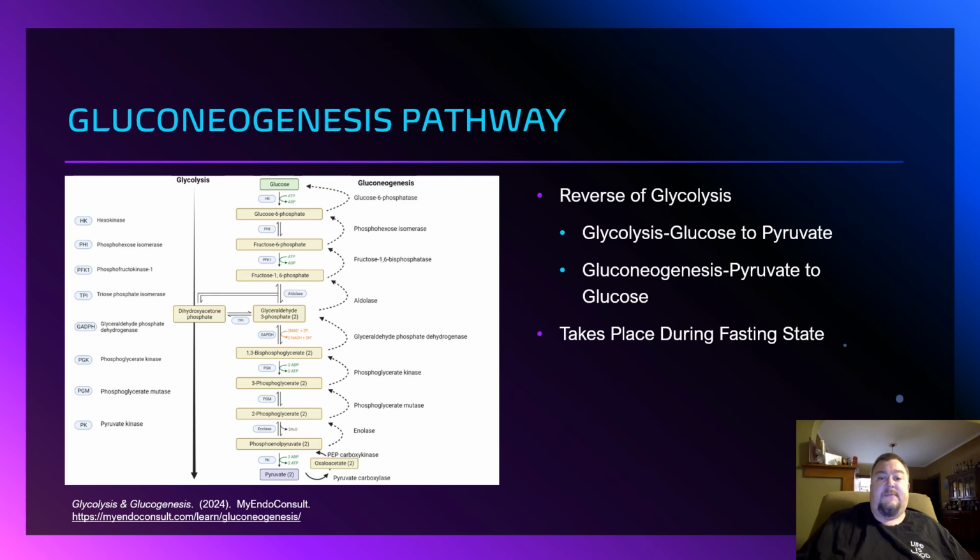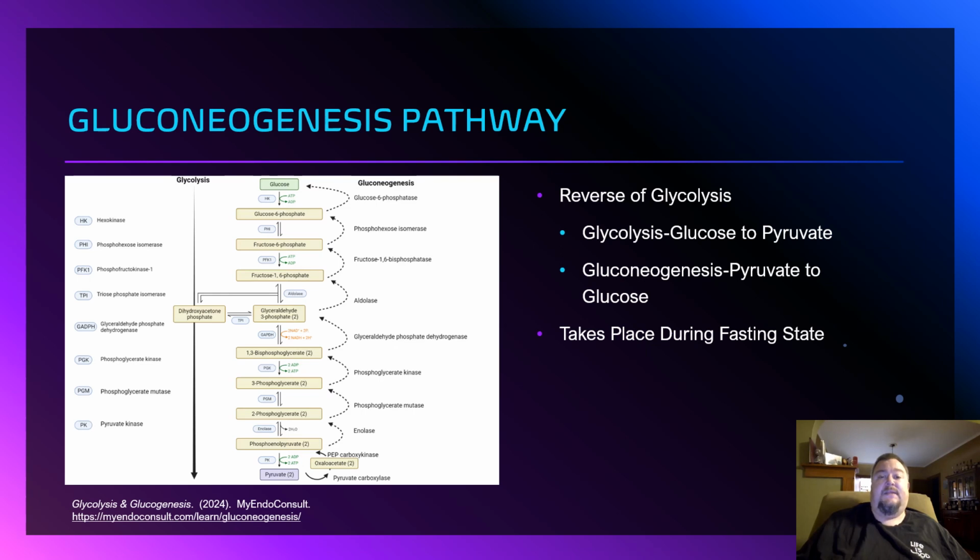The second step that differs from glycolysis is the conversion of fructose 1,6-bisphosphate to fructose 6-phosphate with the use of the enzyme fructose 1,6-bisphosphatase. The conversion of fructose 6-phosphate to glucose 6-phosphate uses the same enzyme as glycolysis, phosphoglucoisomerase.